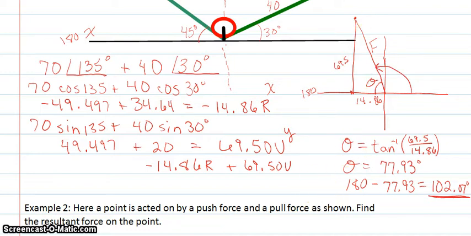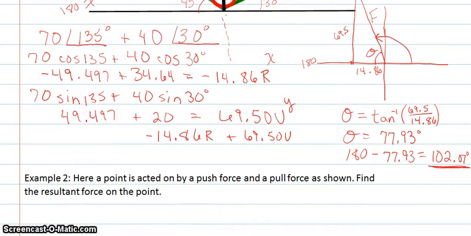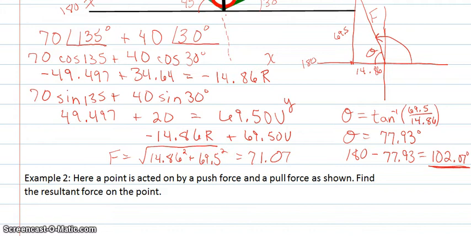Alright, and then to get that magnitude, just use the Pythagorean theorem. So our magnitude equals the square root of 14.86 squared plus 69.5 squared, and that gives us approximately 71.07.